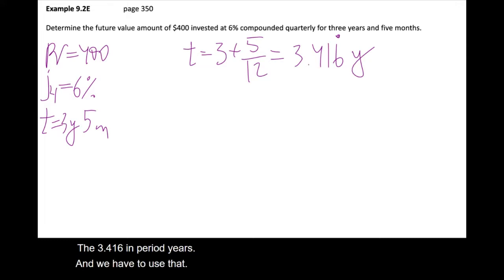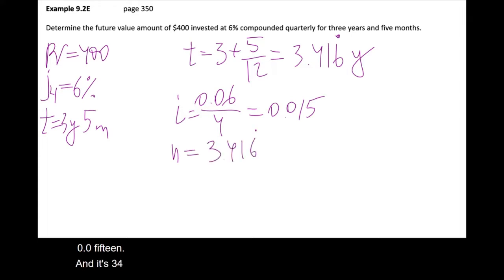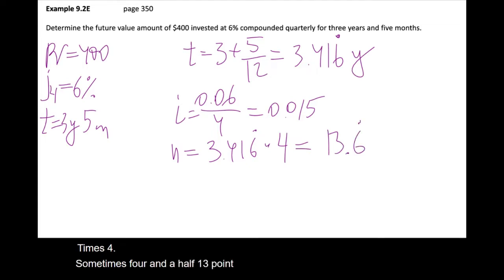And we have to use that value in full. So i is 0.06 over 4, which is 0.015. n is 3.416 in period times 4, so times 4 and I have 13.6 in period. Right?